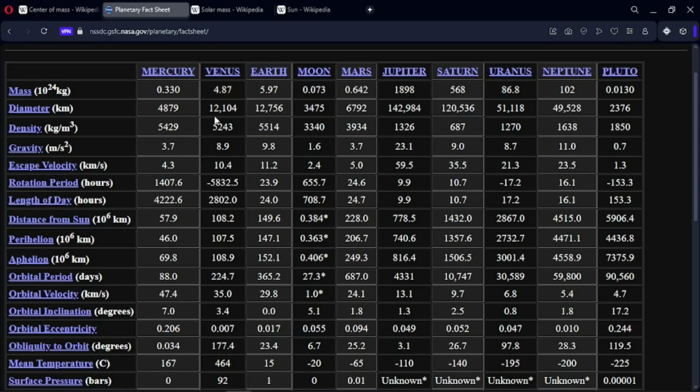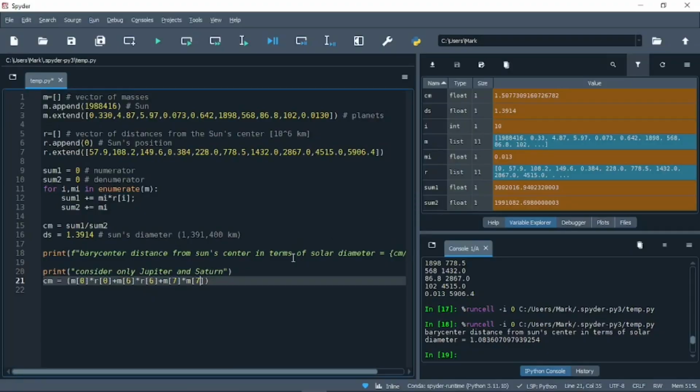Let's see, it is right. 1, 2, 3, 4, 5, 6, and 7. Jupiter and Saturn. Okay. Divided by the sum of the masses, mass of Sun plus the mass of Jupiter plus the mass of Saturn.